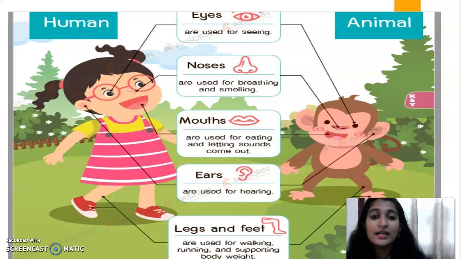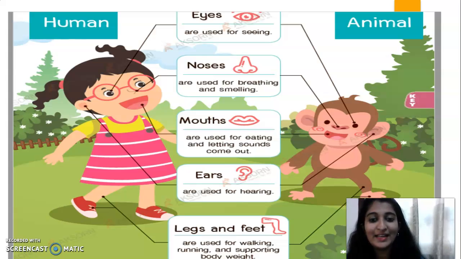Breathing means taking air in and giving it out. And smelling, when we smell the flower or the food. The nose is used for breathing and smelling.